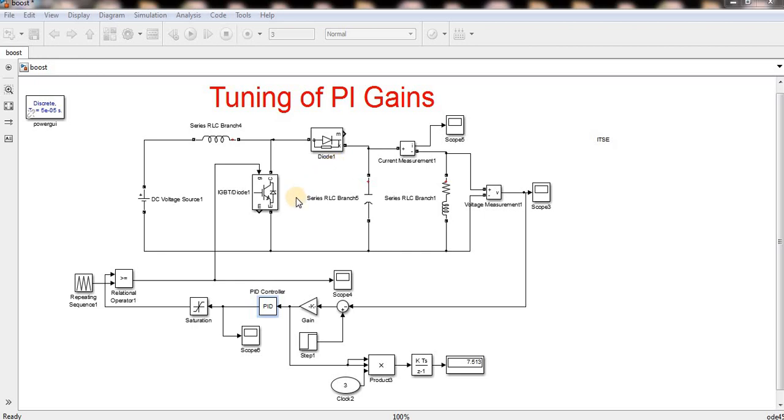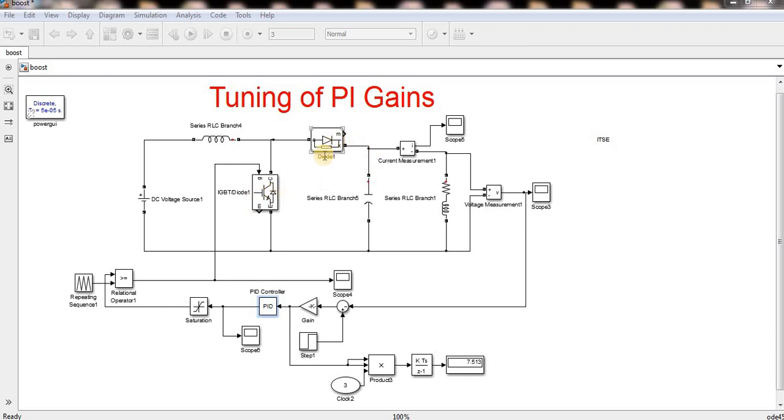Which PI is near to the output or near to the pulse generator? Because in an inverter, the pulse generator directly affects your output. So whichever is near to your pulse generator or output, those PI gains you have to tune first, then after that the others.